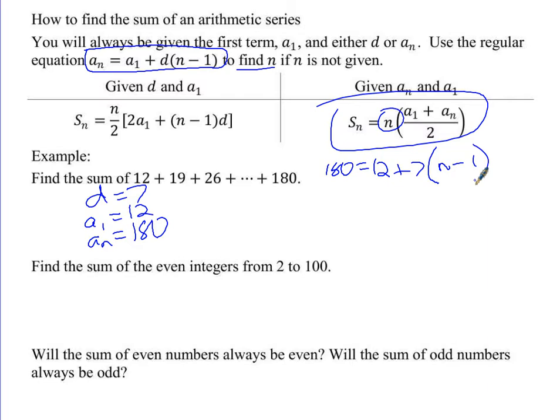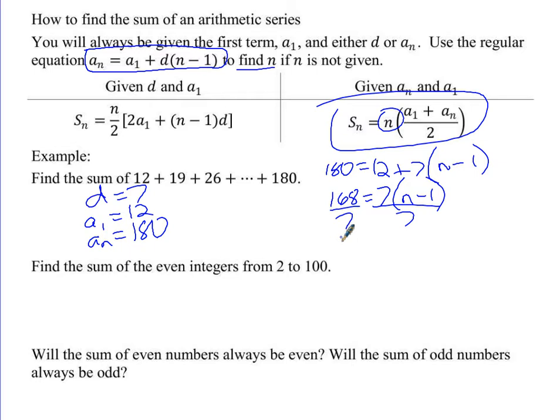All right, so just solve for n. What should we do? You can distribute, or you can subtract 12 from both sides and get 168 equals 7 times n minus 1. And then what? You could distribute, or you could divide both sides by 7.